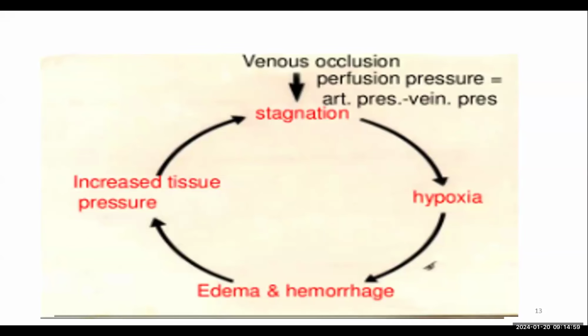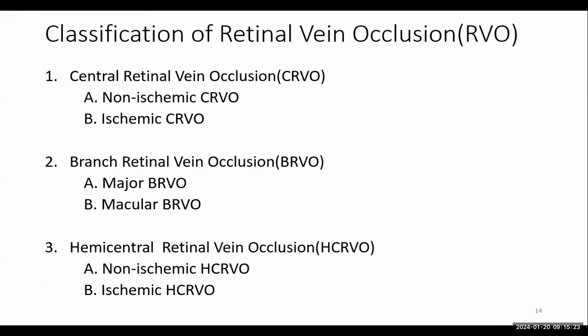And from there, there's production of vascular endothelial growth factor. All this leads to edema and then hemorrhage, and all this also increases the tissue pressure further. The increased tissue pressure leads to further stagnation. So the vicious cycle tends to continue until something is done to break this cycle.